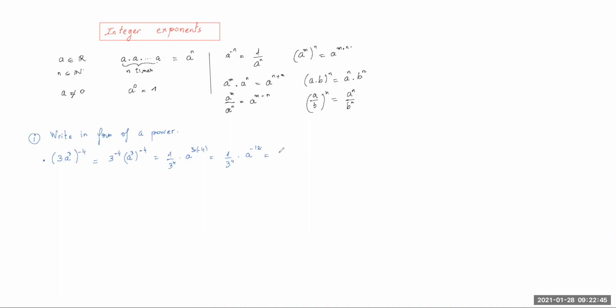So we have 1 over 3 power 4, times a power minus 12. You see how you can do things step by step. Since they said in the form of a power, I would leave it like that, with no need for a further step. You can stop here. You can of course compute the number 1 over 81 if you want. Okay, let's do one more.